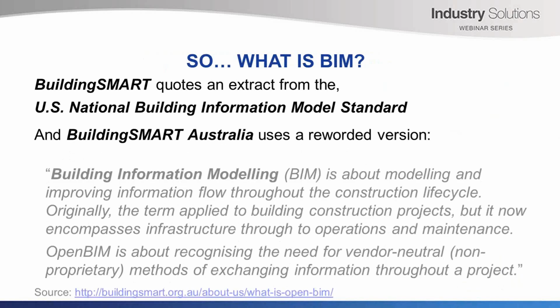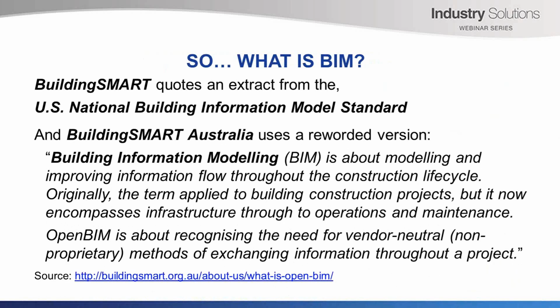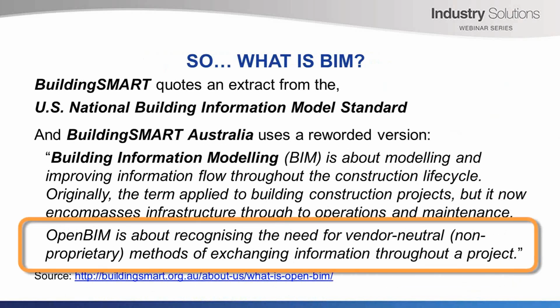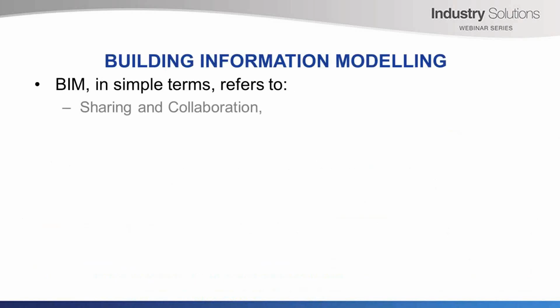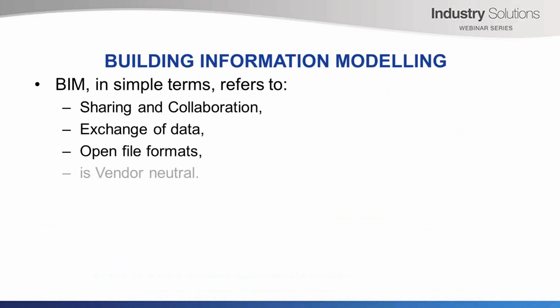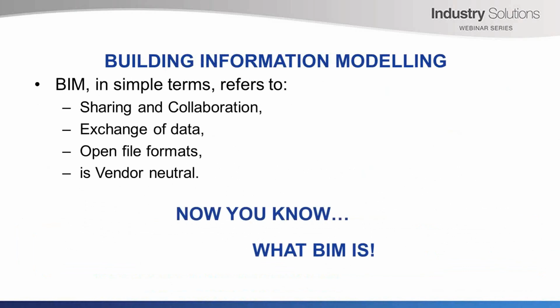Basically, BIM is about modelling the life cycle of a building. The main thing behind BIM is about recognising the need for vendor-neutral, non-proprietary methods of exchanging information throughout a project. Bit of a mouthful. BIM, in simple terms, refers to sharing and collaboration, exchange of data, open file formats, and is vendor-neutral. Now you know what BIM is.